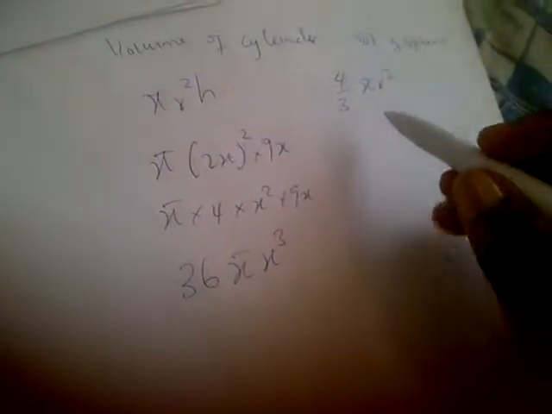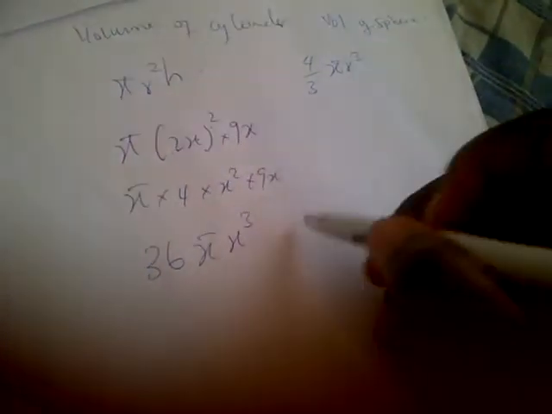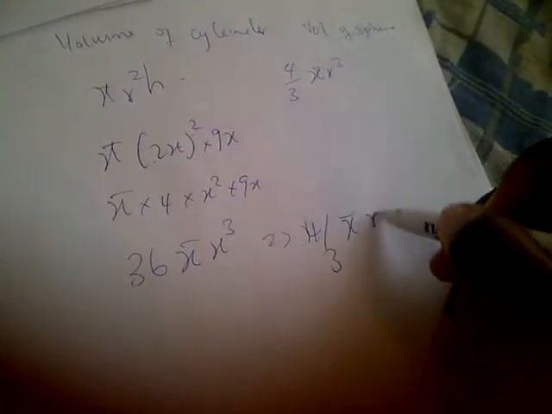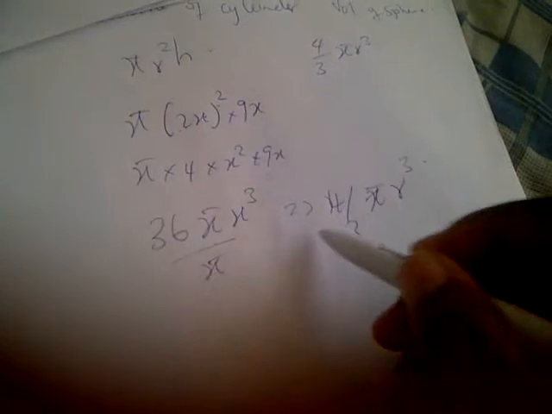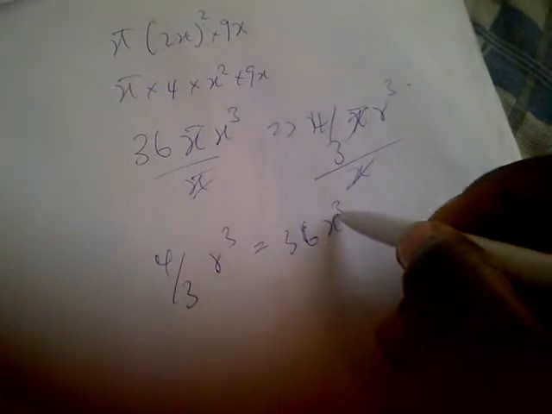Now we're going to equate it to 4/3 pi r cubed, since the cylinder was poured into the sphere. Dividing both sides by pi, pi cancels pi, so we have 4/3 r cubed equal to 36 x cubed.